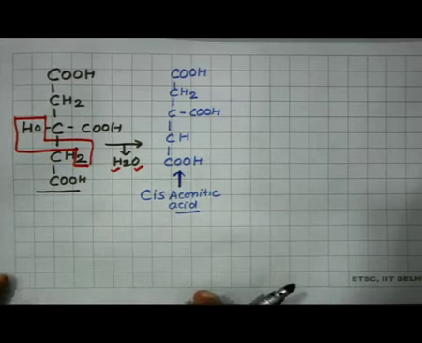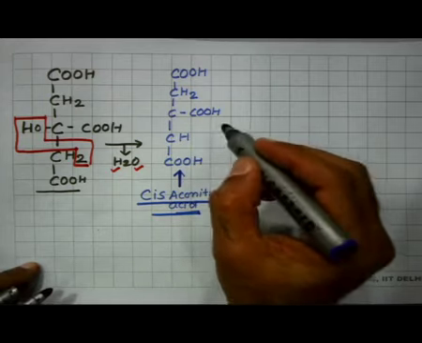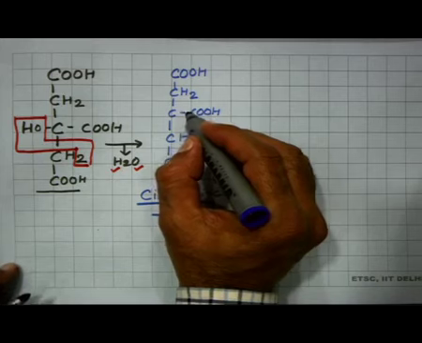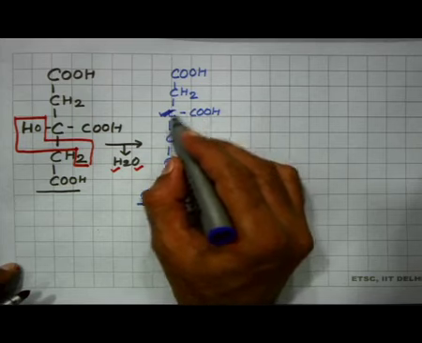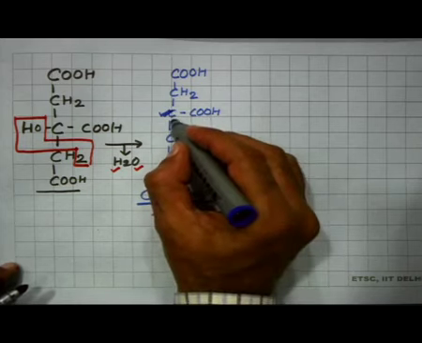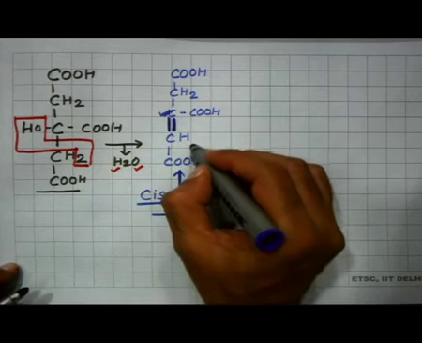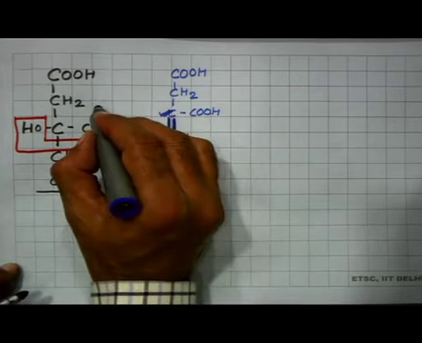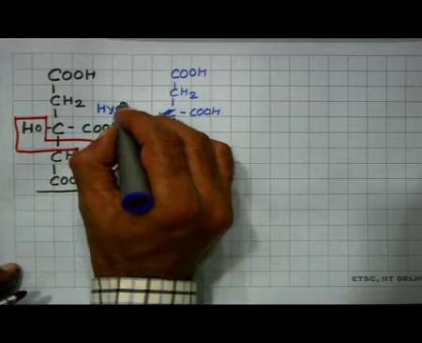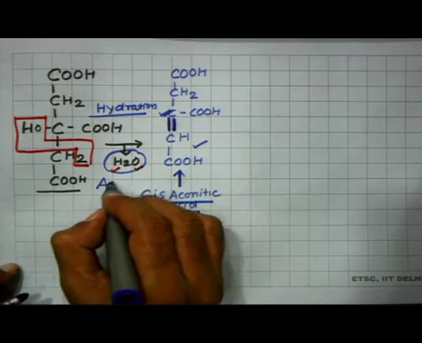When you write the structural formula of any organic compound, you must know that the valency of carbon must be 4. Here in this case the valency of carbon is 1, 2, 3. So, this reaction is not sufficient. Here the single bond is converted into a double bond. Now, the structure is cis-aconitic acid. Now, this process is called dehydration, because water is removed, and the enzyme is aconitase.